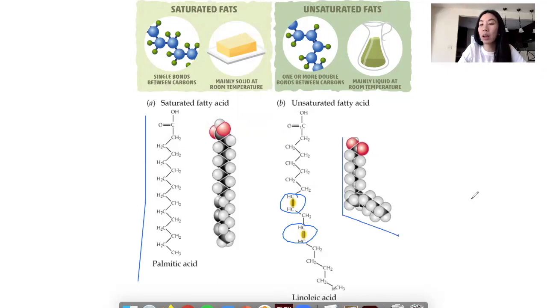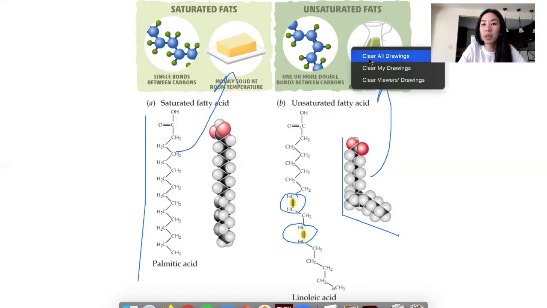So you get a little curved chain versus one that's completely straight. This curvature makes unsaturated fatty acids liquid at room temperature, versus saturated fatty acids, which are solid. So butter versus oil, those would be the 2 most common examples.